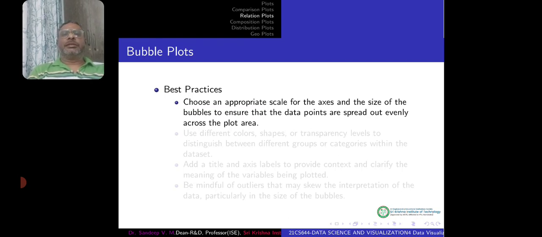So don't just allow all the bubbles to get cluttered at one place and the rest of the area is just white space. No, just try to scale the two axes such that the bubbles are spread out evenly all over the region so that better visibility is there, and you can have each one visible clearly.